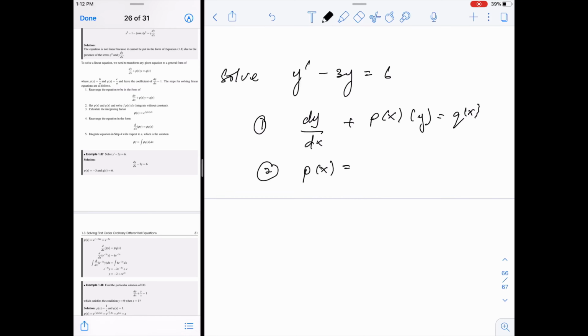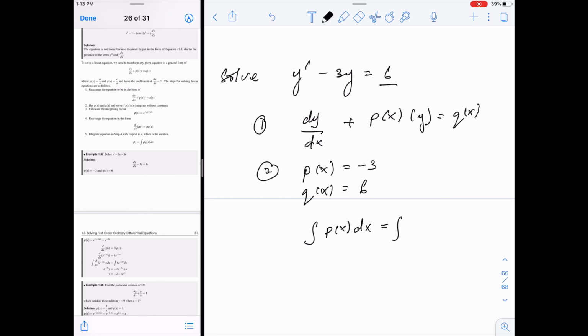For this equation, your P(x) is -3, and you also need to find the Q(x), which here is 6. Then from here you also need to find the integration of P(x) with respect to x.